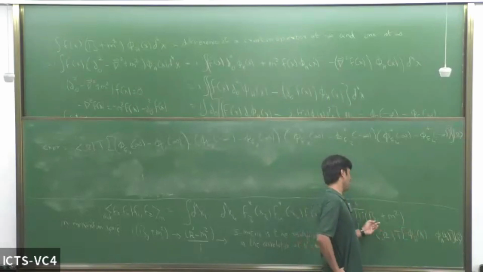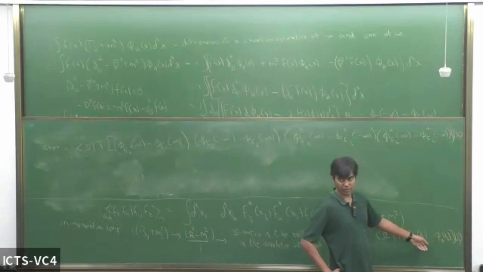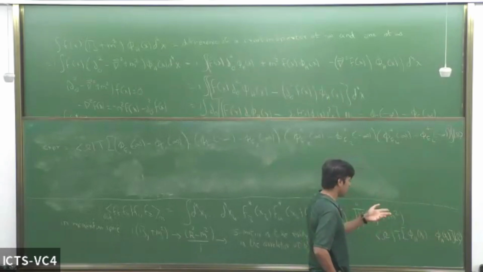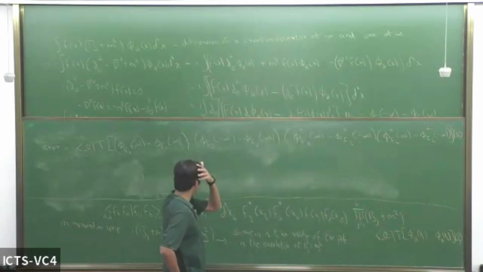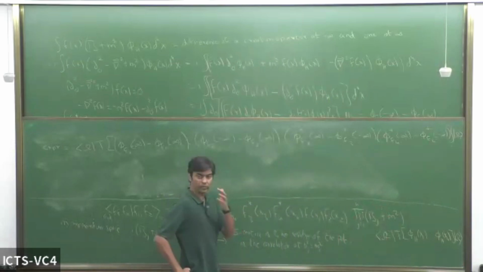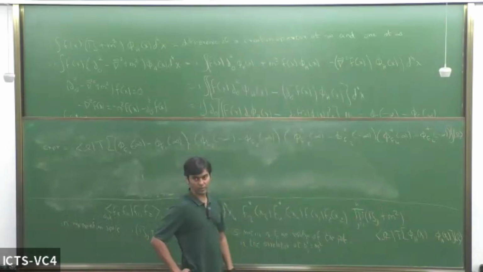There's a d0 and there's a theta of x1 minus x2. So you'll get some delta 4 of x1 minus x2. And that term will just end up setting two of these points to be the same and collapsing one of the integrals. But if you assume that these f1 and f2 are orthogonal, then that integral doesn't contribute.